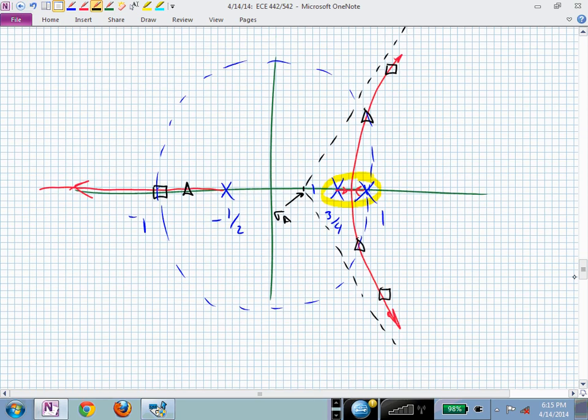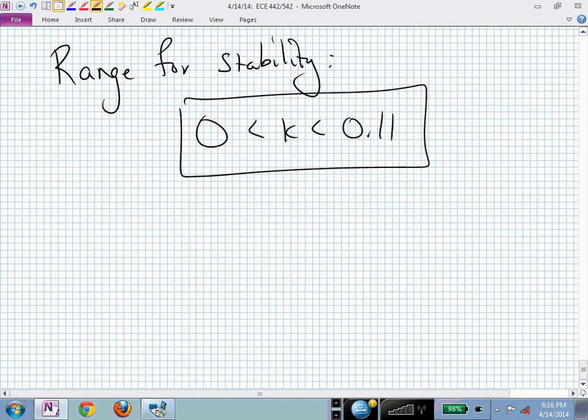Are we going to be happy with the behavior of that closed loop system if we pick a k in that range? It's a subjective question, isn't it? It really depends on your system. If you picked a gain k of 0.011, you now know that you would have all three real poles. And maybe that's what you would try. What's the settling time for that choice? It's obviously stable.